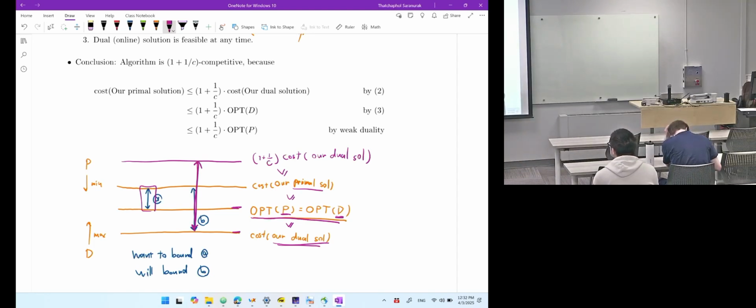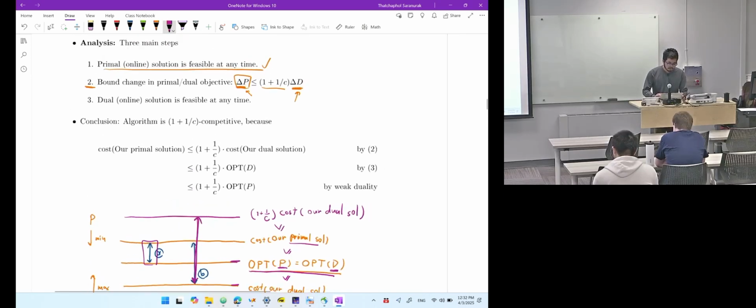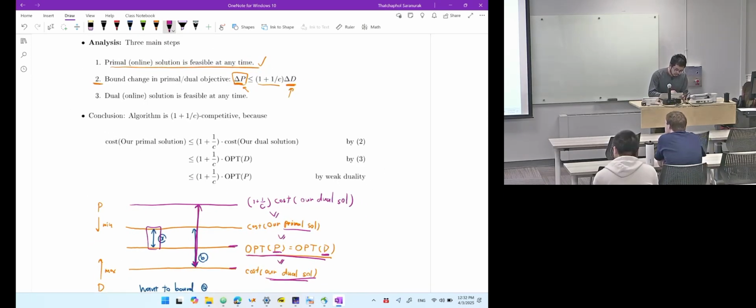So it means that these two must be within 1 plus 1 over c factor. Okay. So do you agree that all that remains is just to prove this step and this step? Okay. So let's try to prove that.